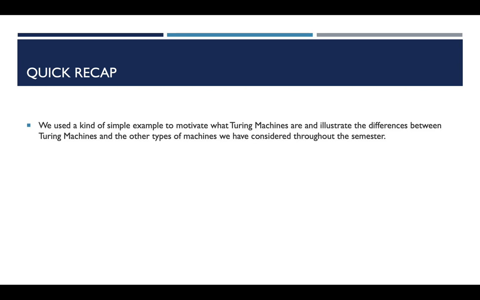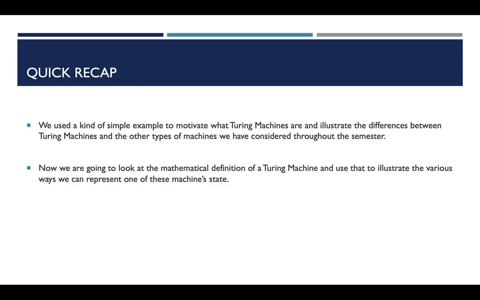Turing machines combine those two ideas, and not only can you push and pop things off of the stack, you can actually move left and right along the entire tape that the Turing machine has as both its internal memory and its input.